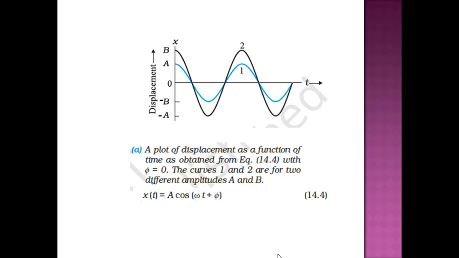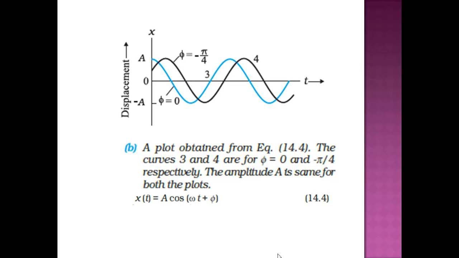So let us write the equation separately for the two waves. For the first wave, that is the blue wave, we have x(t) equal to A cos(omega t) because phi is 0. And the second wave follows the equation x(t) equal to B cos(omega t).